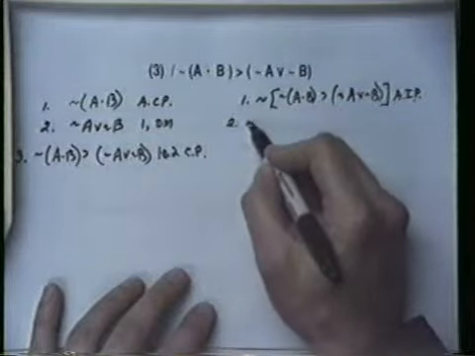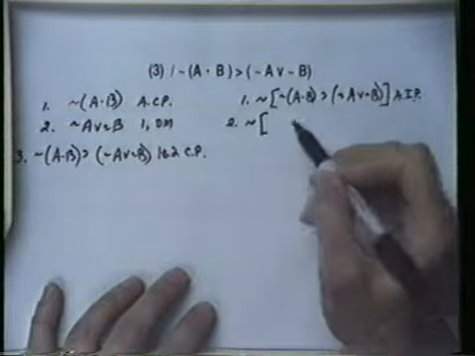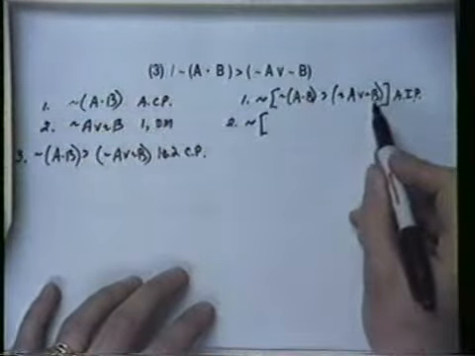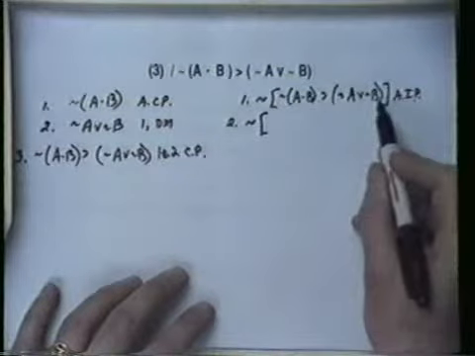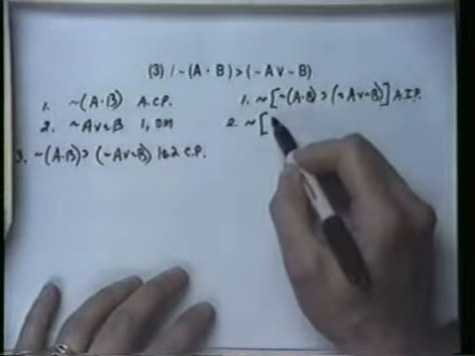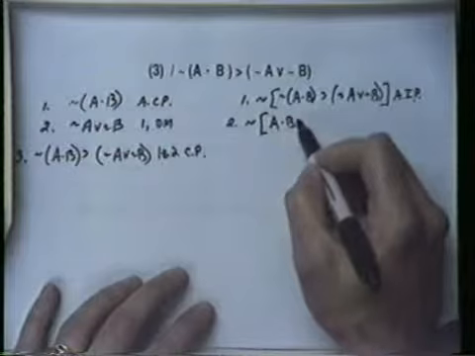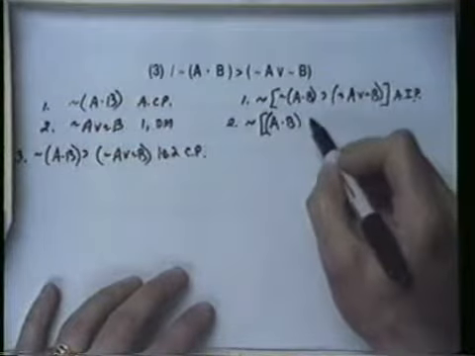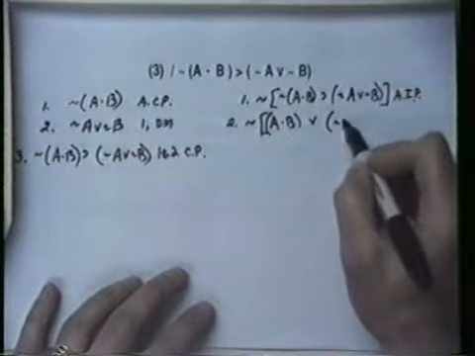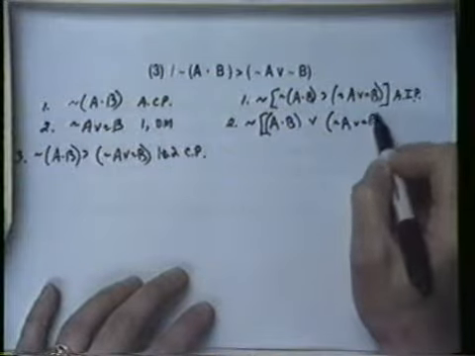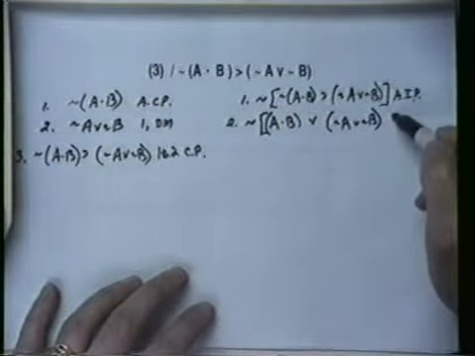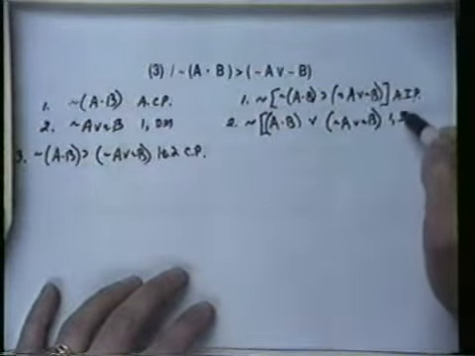We keep the tilde on the outside first, and we begin by using the implication rule on the inside sentence on line 1, and that, of course, will give us (A and B) or not A or not B. And we cite line 1, implication.